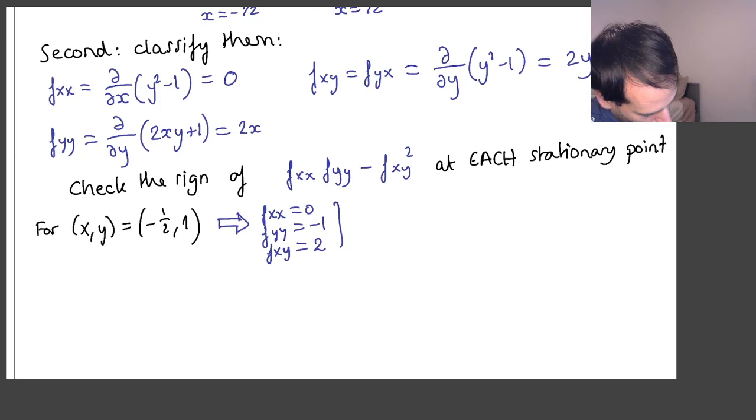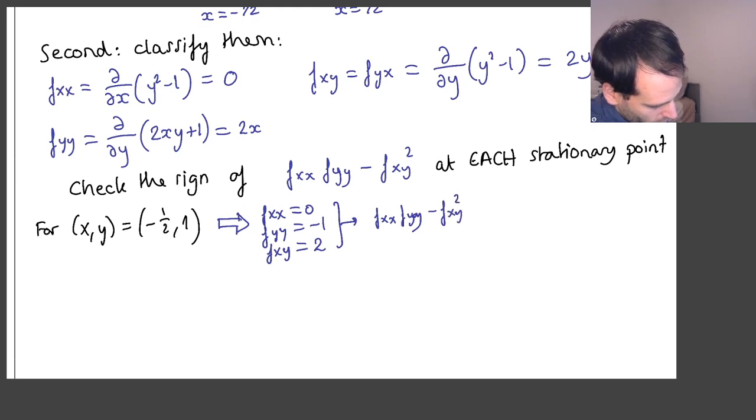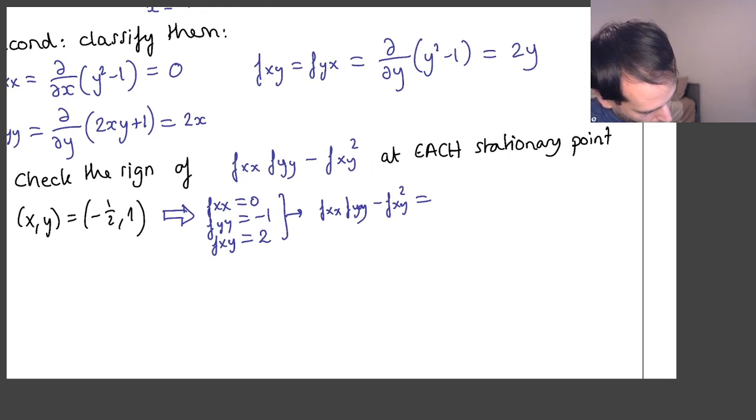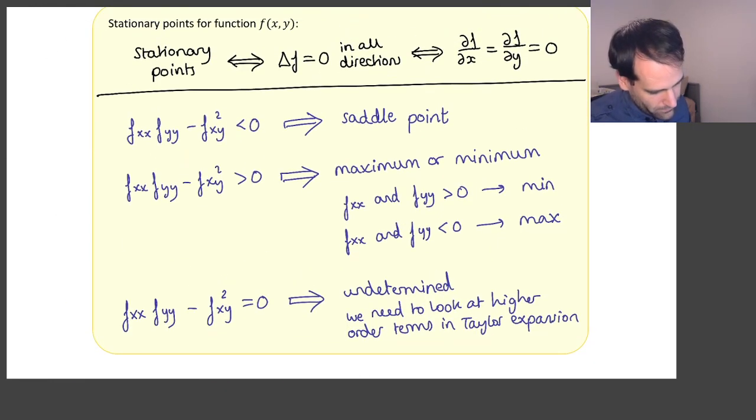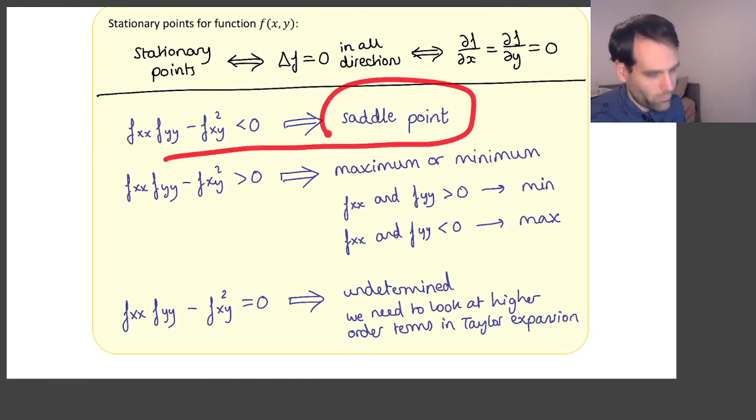And therefore, fxx times fyy minus fxy squared is equal to 0 minus 2 squared, which is minus 4, which is negative. So when this term is negative, we know that this is a saddle point.